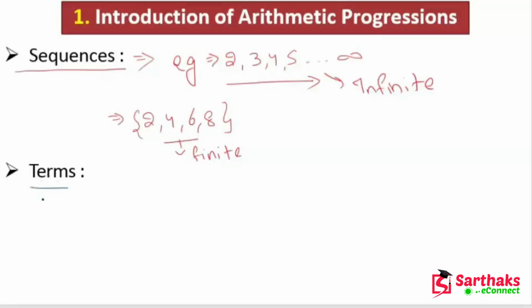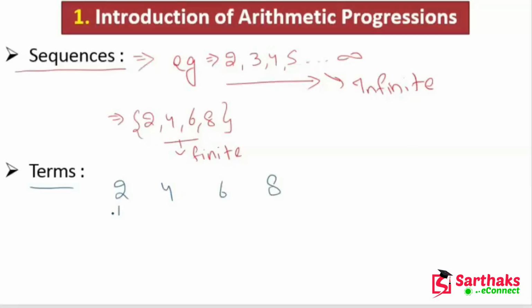So let's talk about terms. What are terms? In a sequence, each number we can call a term. For example, we have 2, 4, 6, 8.